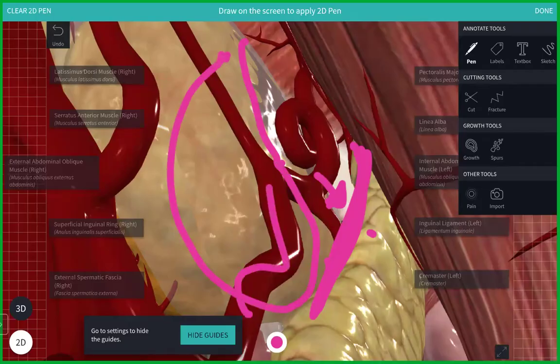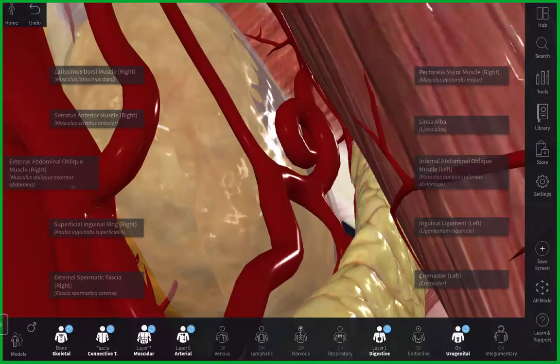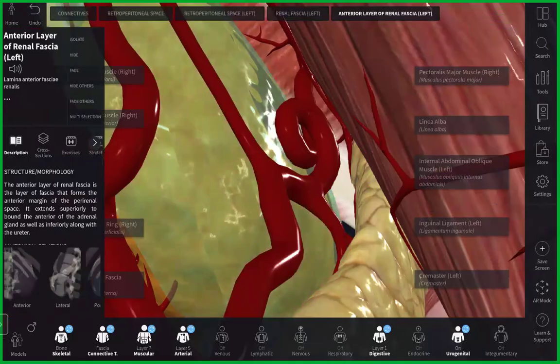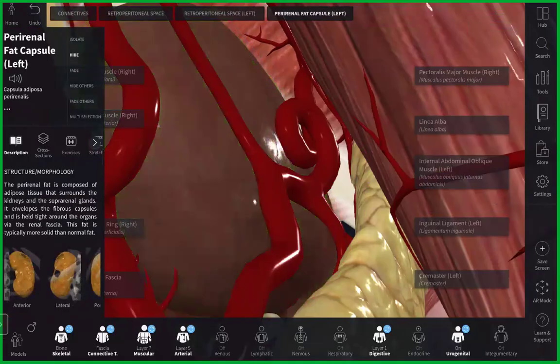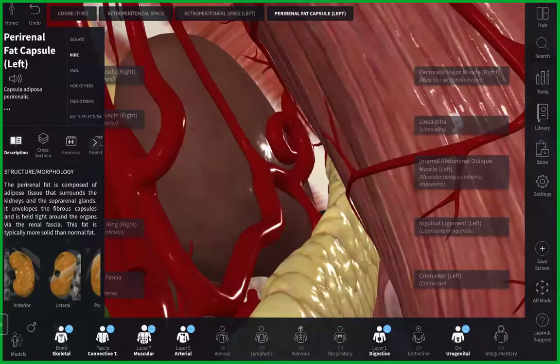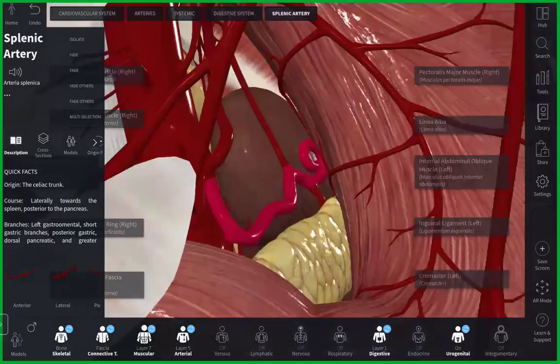The splenic artery is anterior to the left suprarenal gland, not suprarenal glands. Where is the suprarenal gland? Oh, I didn't add it. Okay, just remember it. So this is about the splenic artery.